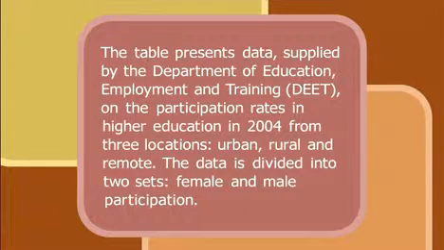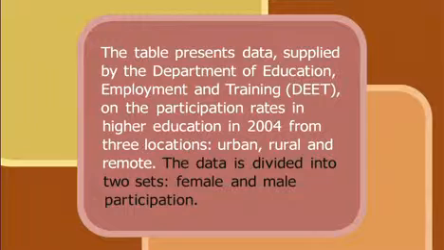We might write, the table presents data supplied by the Department of Education, Employment and Training on the participation rates in higher education in 2004 from 3 locations: urban, rural and remote. The data is divided into 2 sets, female and male participation.